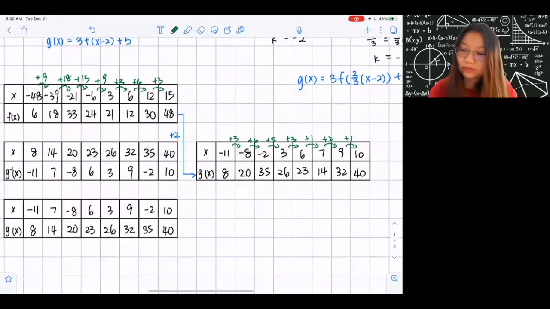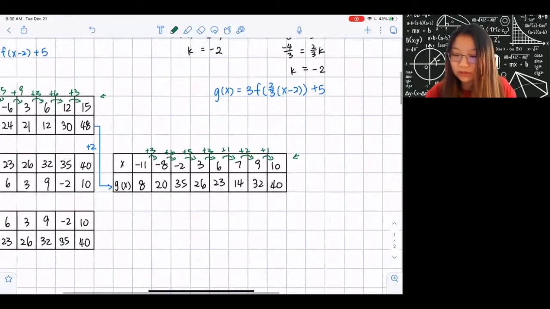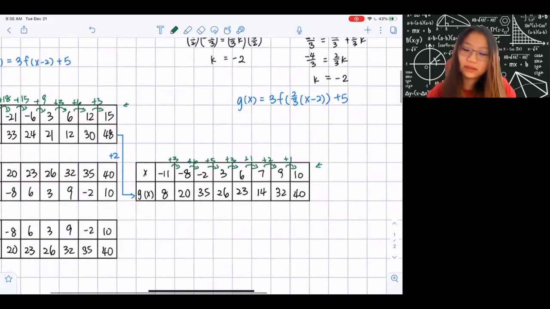So what do I observe? From my differences over here to my differences over here, I divide by 3, right? Which means I multiply by 1/3. So from my g of x to my f of x, I actually multiply, no, not 1/3. Actually, multiply by 3, because remember for x's, you go from g of x to f of x.